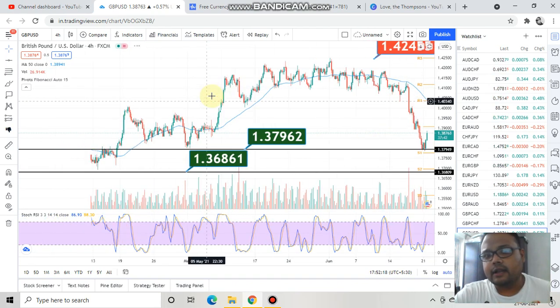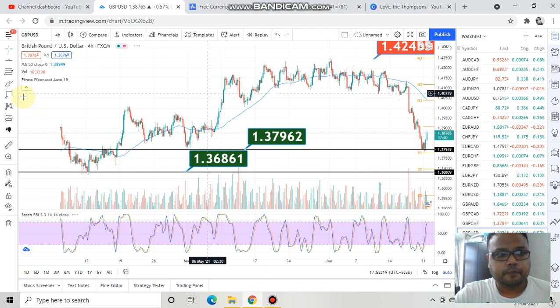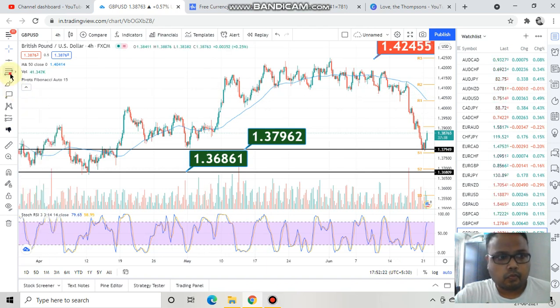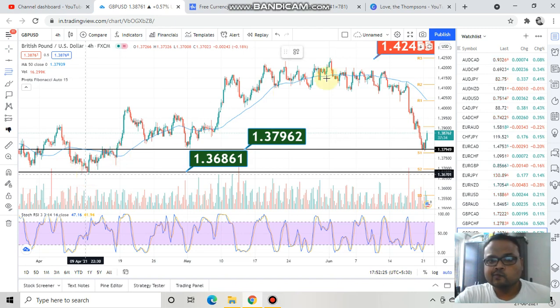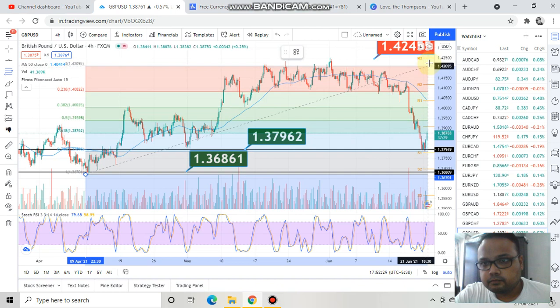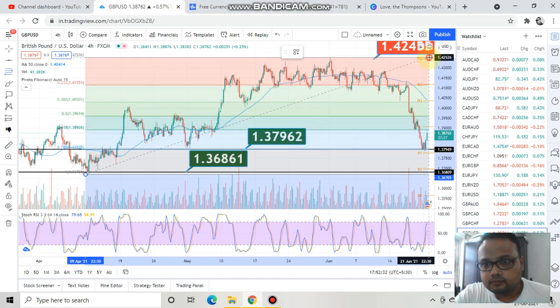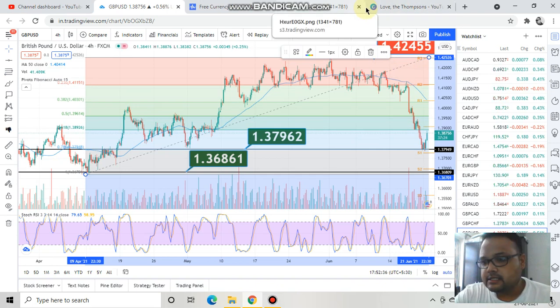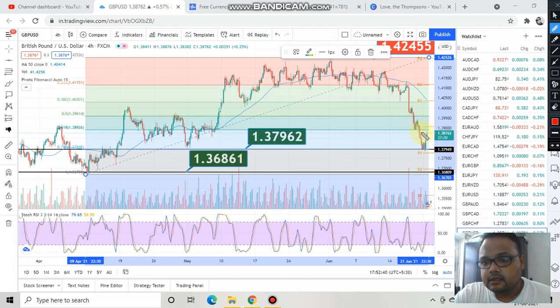But one thing I would like to show you here, and you can see that this is a Fibonacci retracement. I have drawn the Fibonacci retracement, and see, this level is very important.